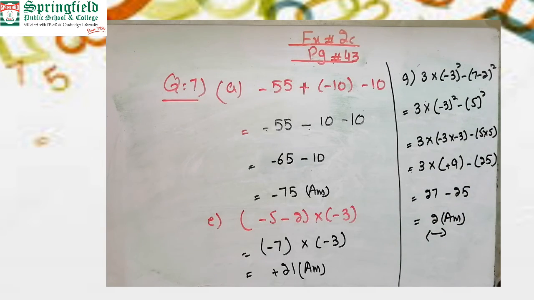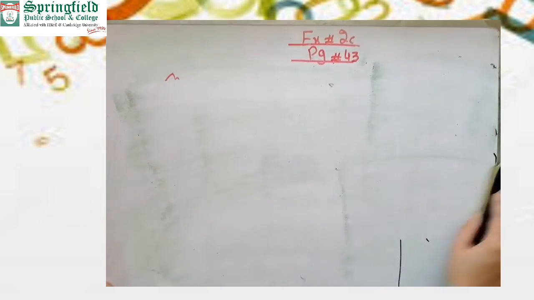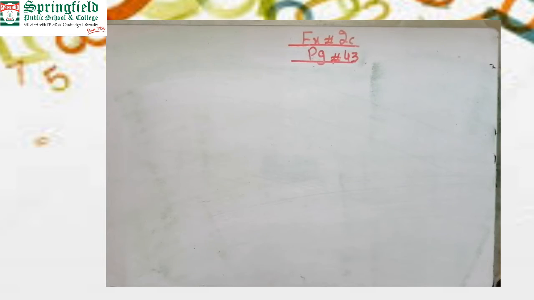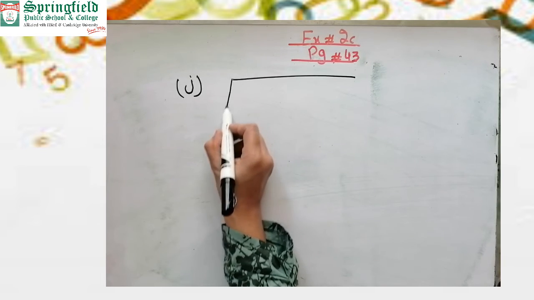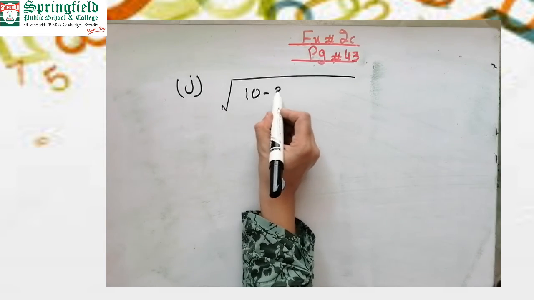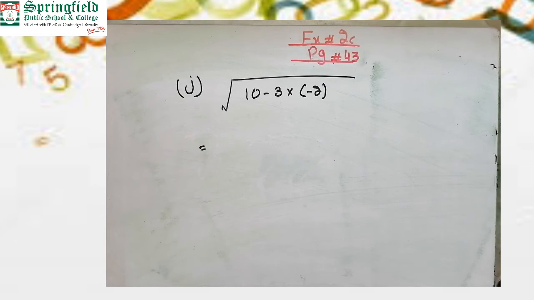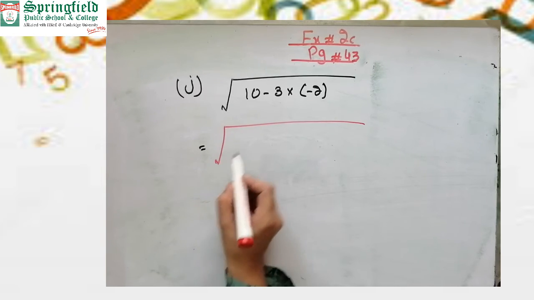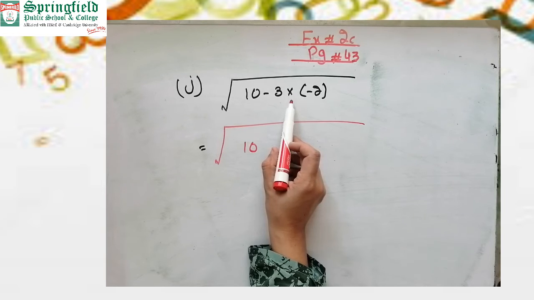Understood, beta? Okay, now next, last, come on the last question, last part of question 7. Last part is J, and the square root of 10 minus 3 multiply with minus 2. So how we can solve this question? 10, and first we will solve the brackets.